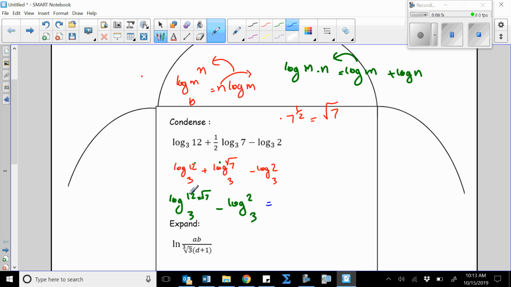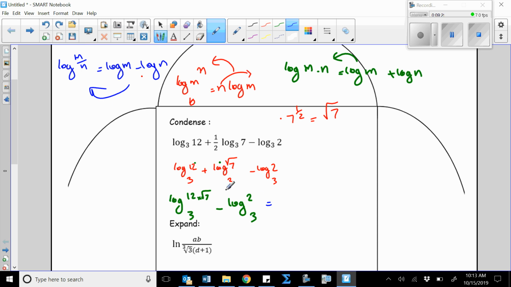Now we need to work on these two logs. We have subtraction between two logs now. Let's go back to what we learned just now. We said if you have log of m over n, this can be written as log of m minus log of n. So if we look the other way, if you already have subtraction between logs, you can condense it as one whole log, which has the quotient between the arguments of these two logs.